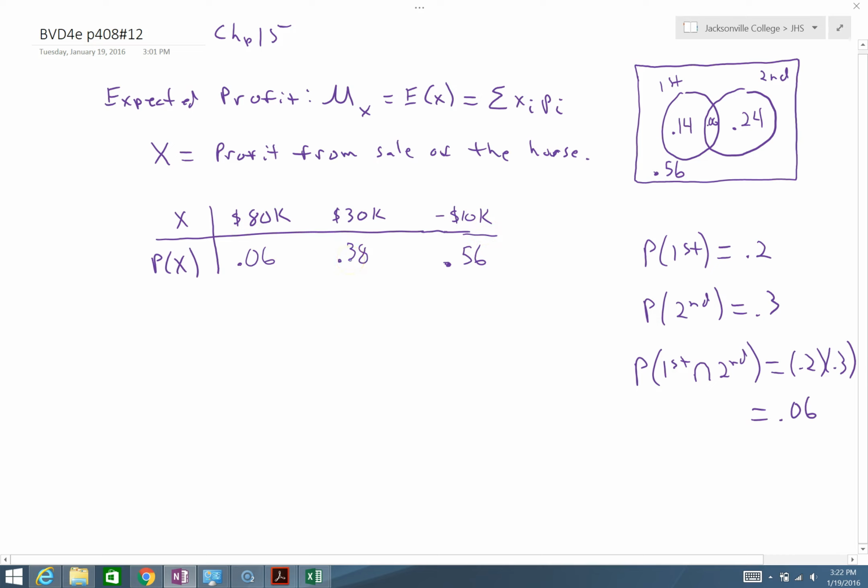All right. So our expected value, mu of x, is equal to each one of these multiplied together and added. So we're going to take 80,000 times 0.06 plus 30,000 times 0.38 plus negative 10 times 0.56.